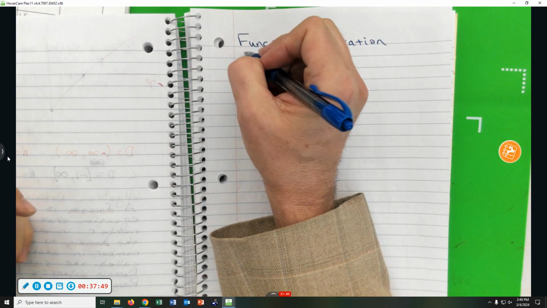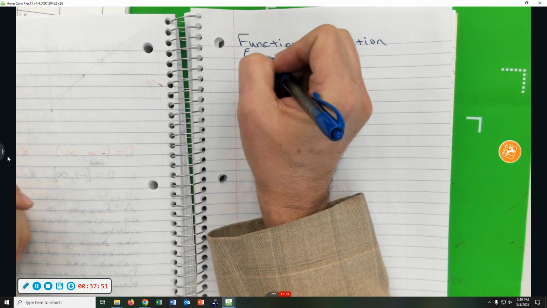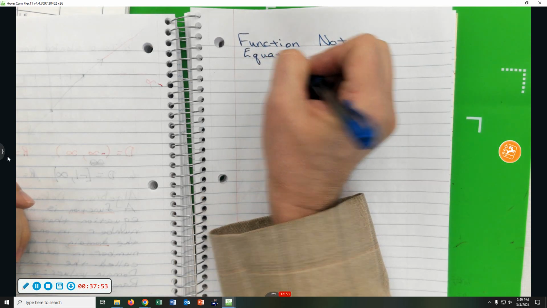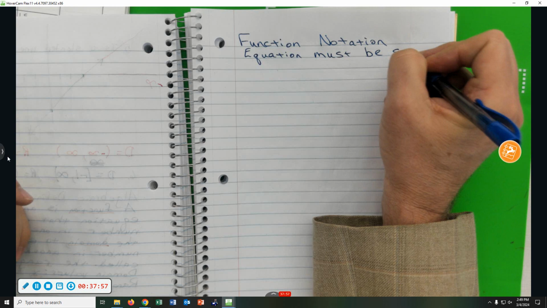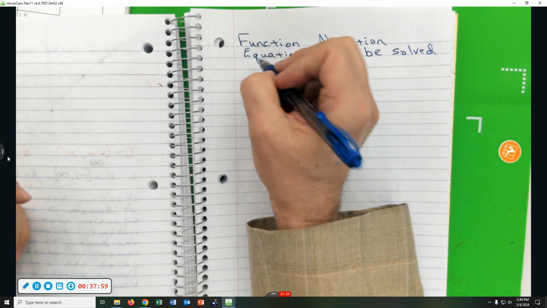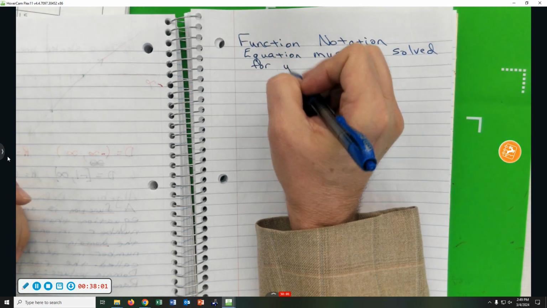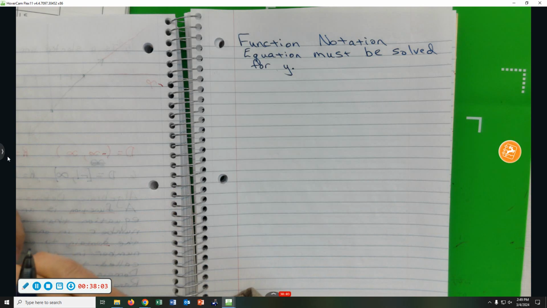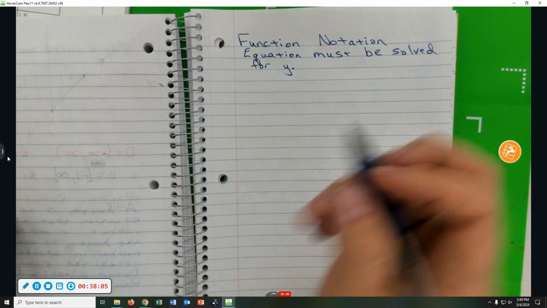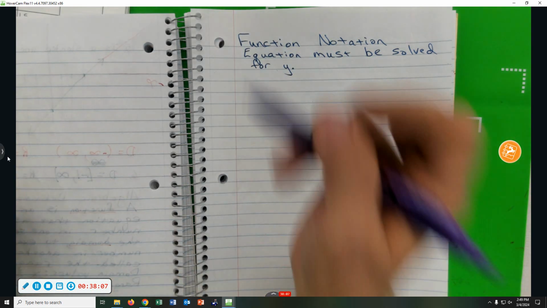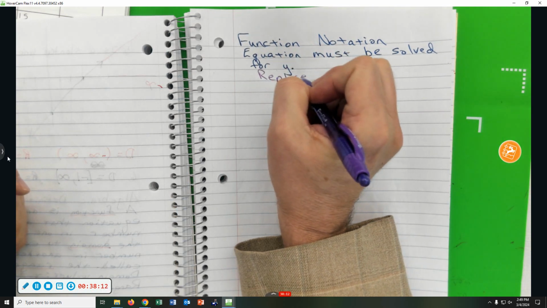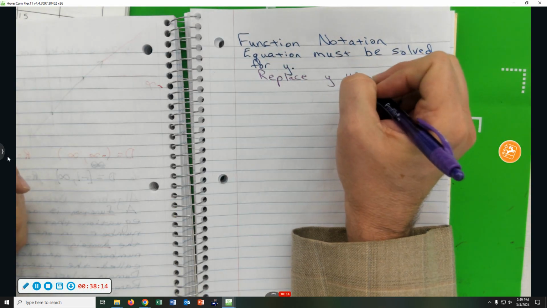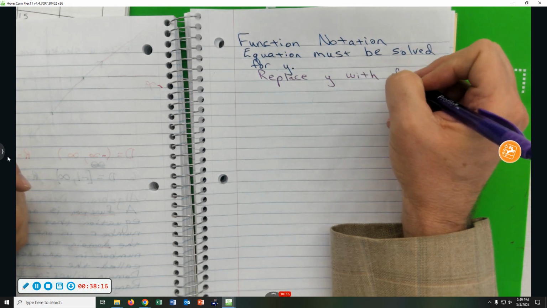The equation must be solved for y. And then if the expression represents a function, we will replace y with f of x.